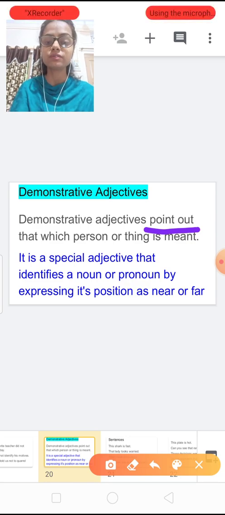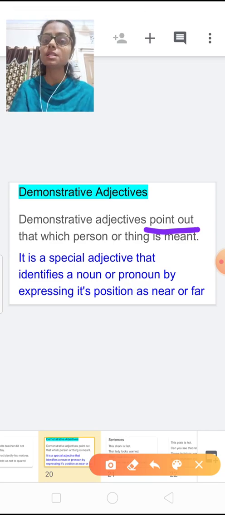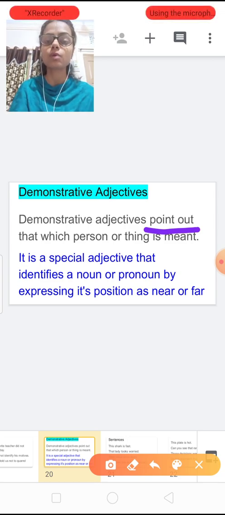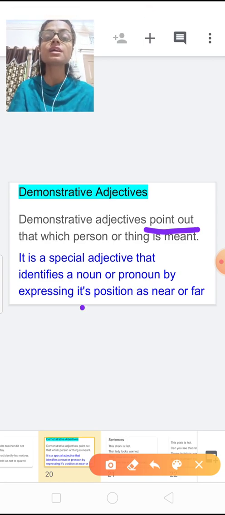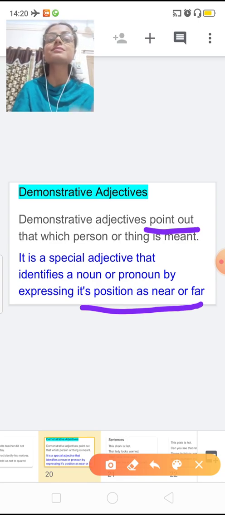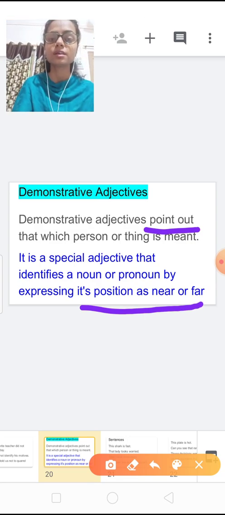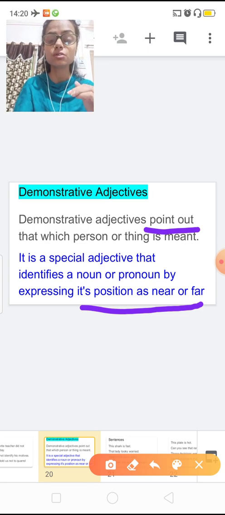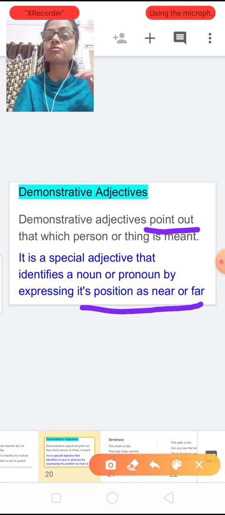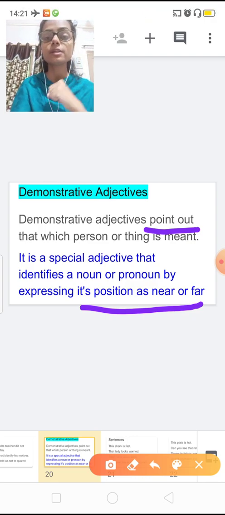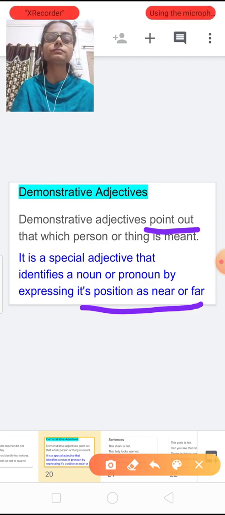Now one more definition. It is a special adjective that identifies a noun or pronoun by expressing its position as far or near. Okay, students? Position of a noun and pronoun, far or near.